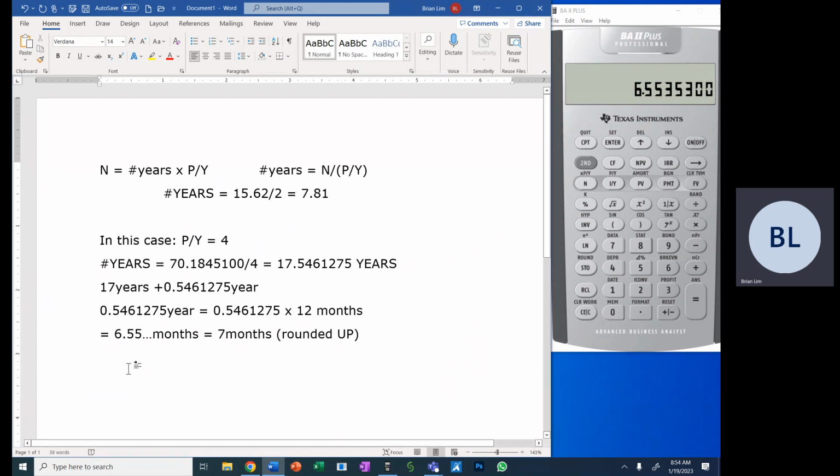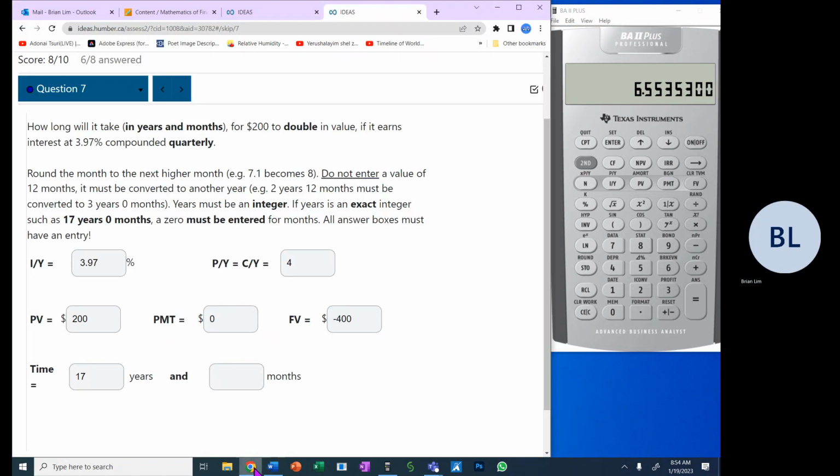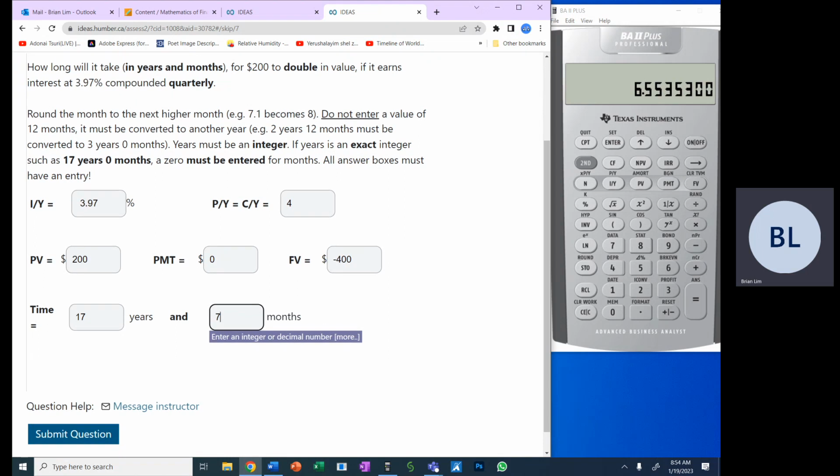Yes, we put this 6.55 and keep going, 35300, and then we round that up to 7 months. So this would indeed be the answer for the number of months. So 17 years, and then we put in 7 for the number of months. Now this is what this description is about: round the month to the next higher month. So even if it's 7.1, it becomes 8.